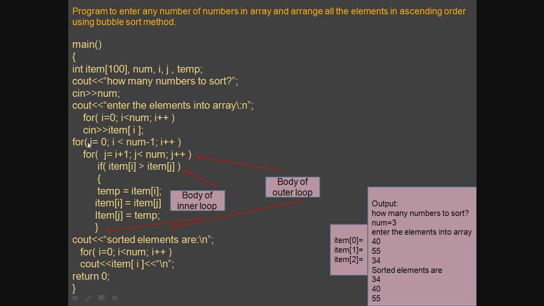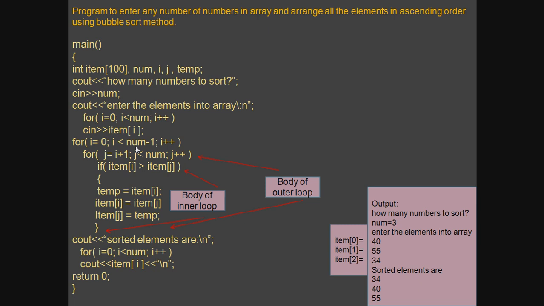Always in a for loop, initialization and the test condition are done first, and after that the body of the for loop. Here you can see that i starts with 0, and i is less than num minus 1, that is 3 minus 1, because in the sorting method, as you keep on comparing, the number of passes also reduces by 1.